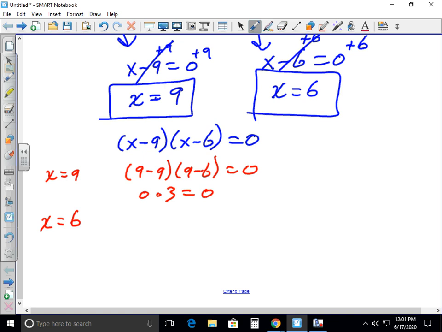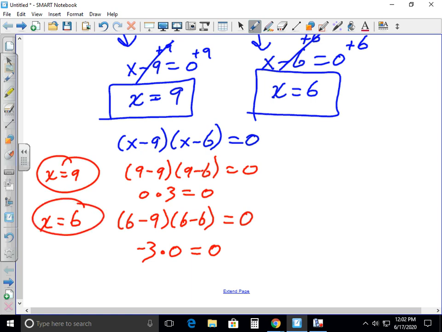Likewise, if we do the 6, if we put a 6 in everywhere we have an x, 6 minus 9 is negative 3. 6 minus 6 is 0, and negative 3 times 0 is also 0. So yes, each of those numbers, when we plug them in for x, makes this equation a true statement.